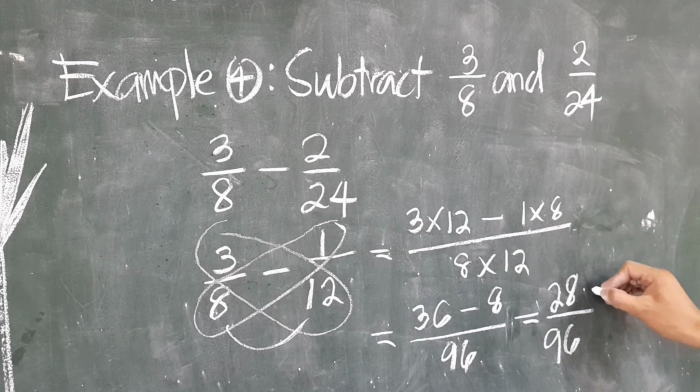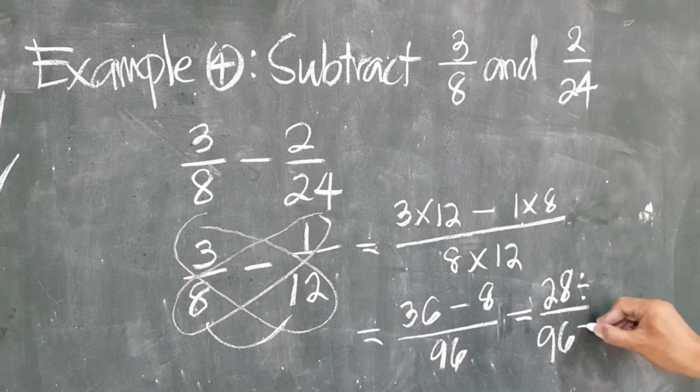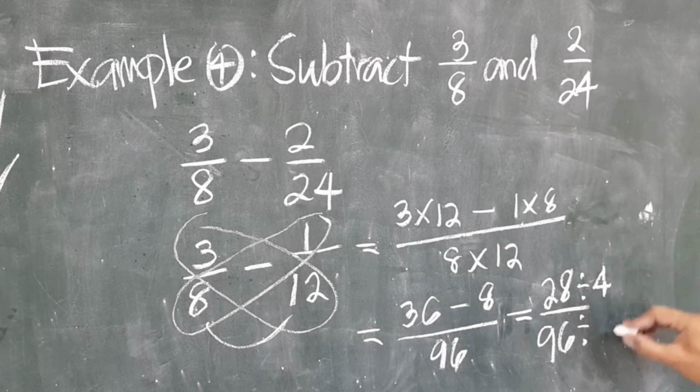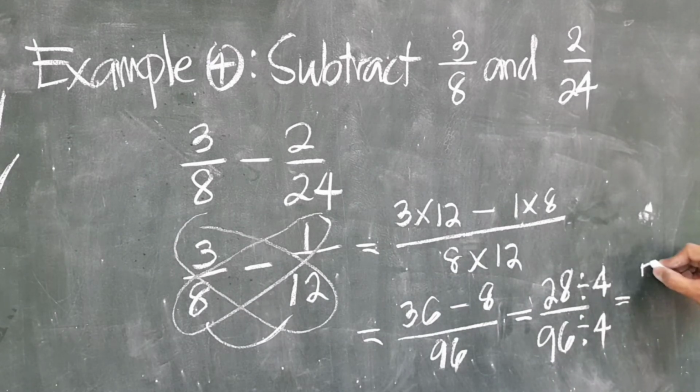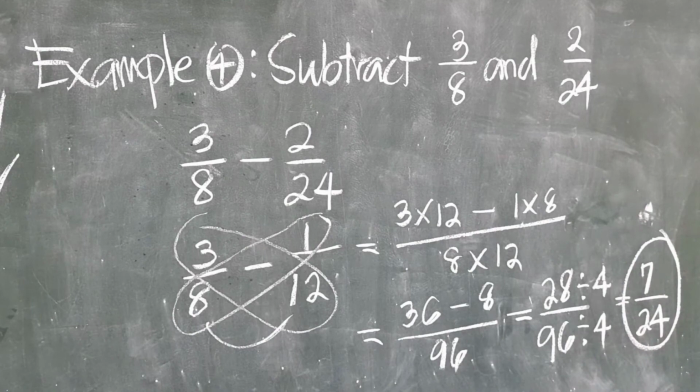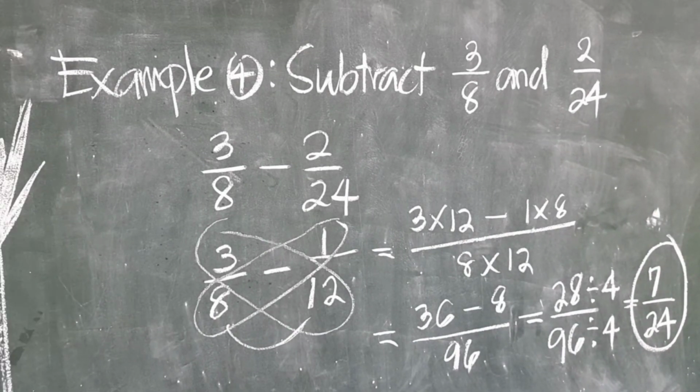Okay, by dividing both numerator and denominator by the greatest common factor, which is 4. Divided by 4, divided by 4. So the answer is 7 over 24. This is our final answer.